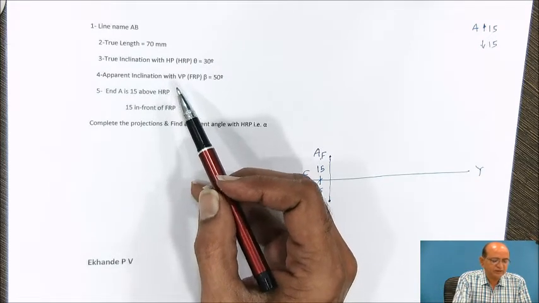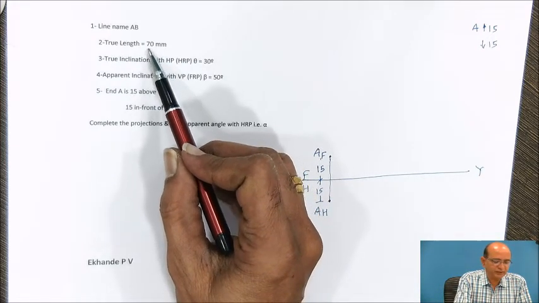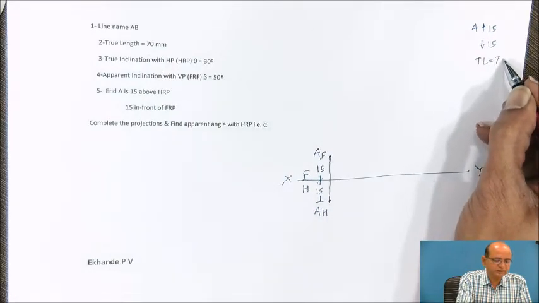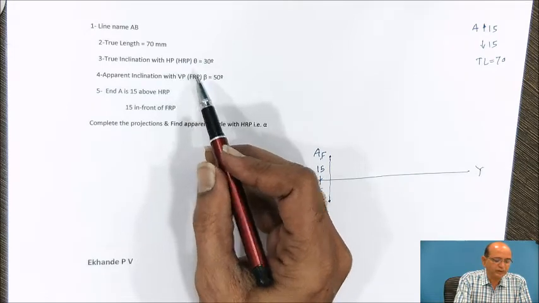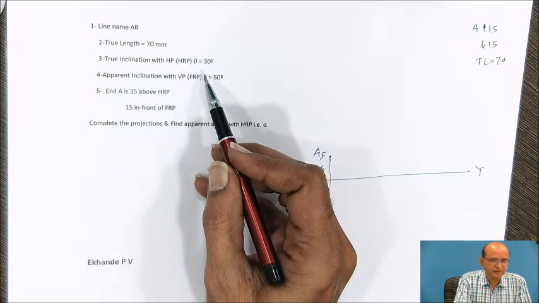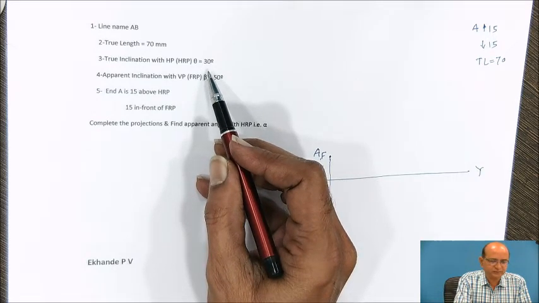the given data for this line, such as the inclination, the true length, or the distances for the other end. Now here the true length of the line is given as 70 millimeter, and true inclination with HRP is given as 30 degrees.